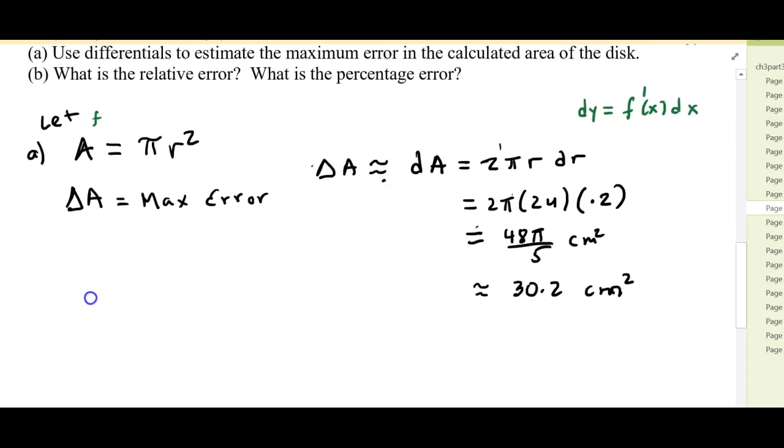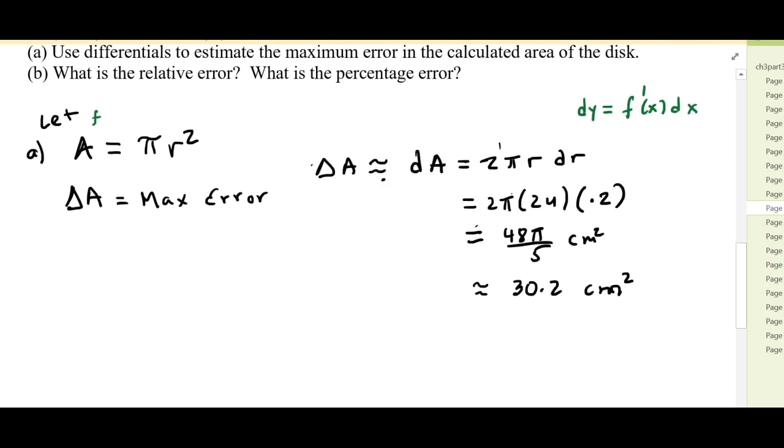The relative error is going to be the error divided by the actual area. So relative error, part b.